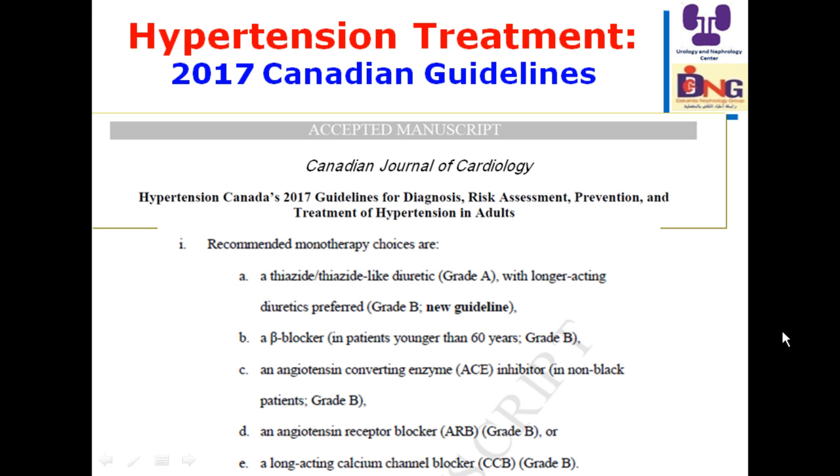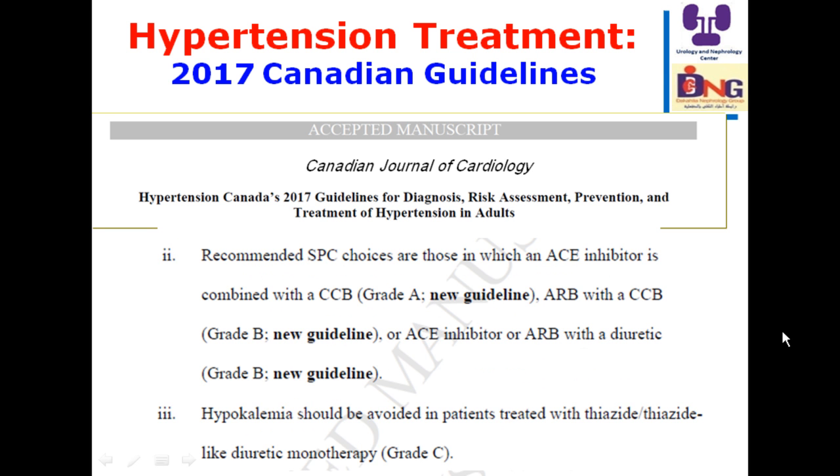Beta blockers in patients younger than 60 years, grade B. Angiotensin converting enzyme inhibitor in non-black patients, grade B. Angiotensin receptor blocker, grade B. Long-acting calcium channel blocker, grade B. So these are the first-line drugs for management of hypertension, starting with monotherapy.